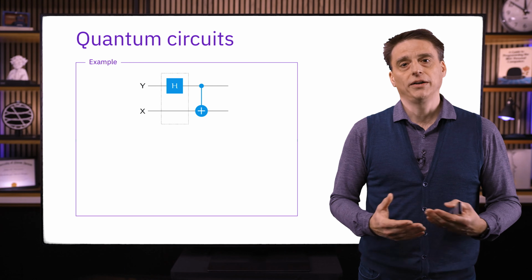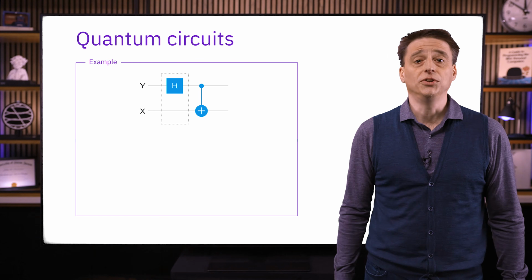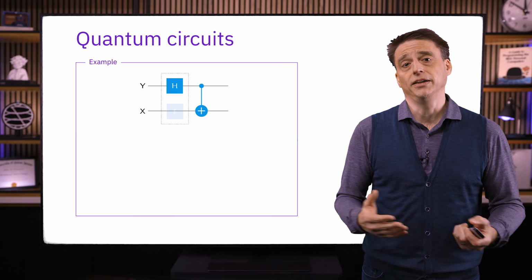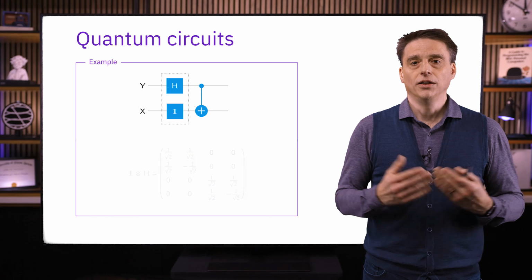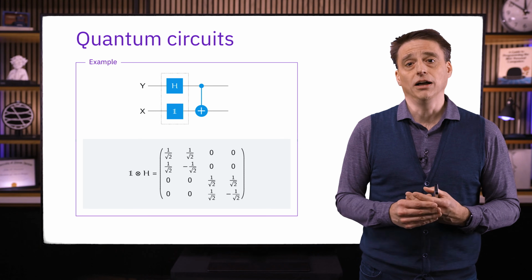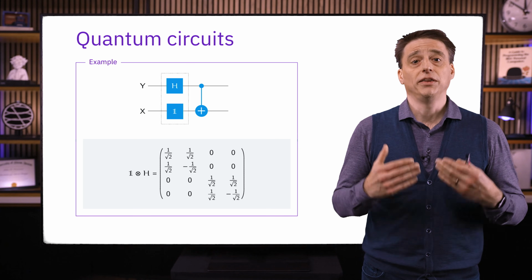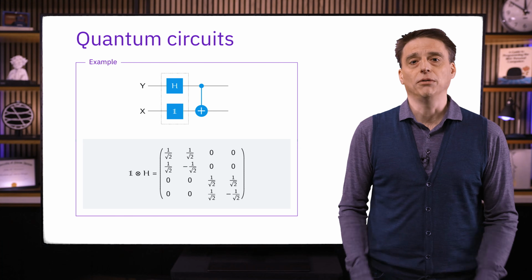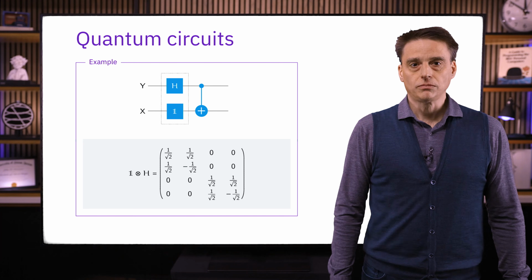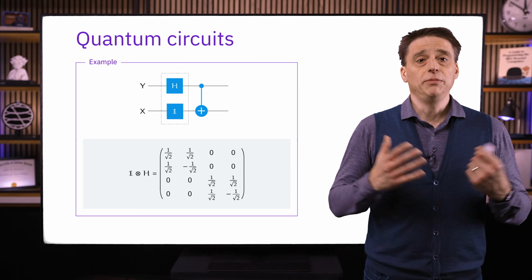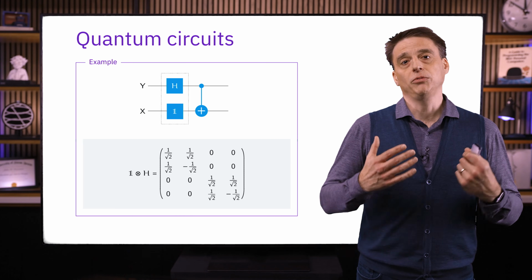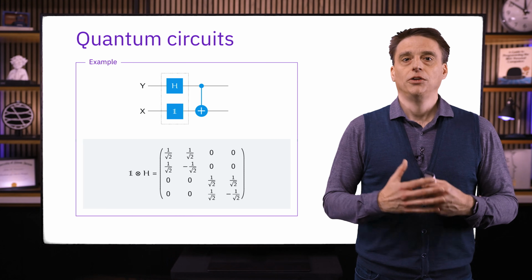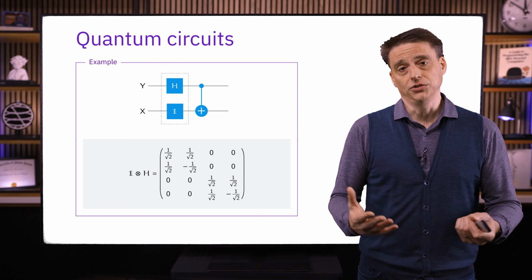We're applying the Hadamard gate to y and doing nothing to x, which is equivalent to performing an identity operation on x. And so the action of the Hadamard gate on both qubits together is given by the tensor product of the identity matrix and the matrix representing the Hadamard operation on y. That looks like this, keeping in mind our convention that x comes first and y comes second. So it's the identity tensored with H.